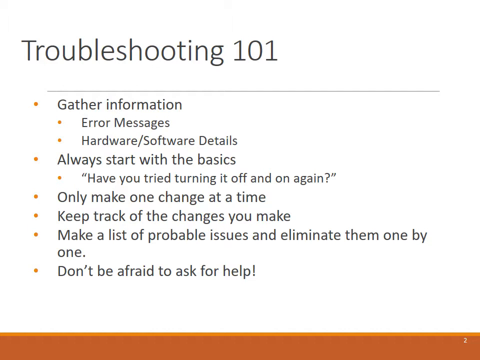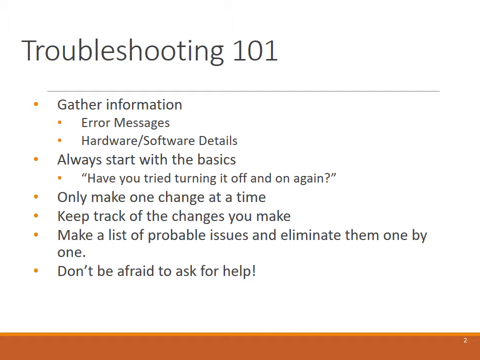So make sure that you're only making one change at a time and not a whole bunch of different changes. Moreover, if you are making a bunch of different changes at a time, chances are you're not going to be able to figure out what the problem was in the first place. So when the problem inevitably happens again, you won't be able to figure out with any sort of precision how you fixed the problem in the first place.